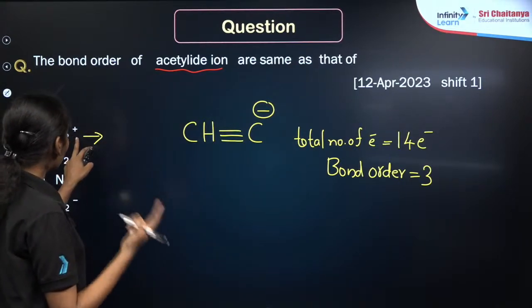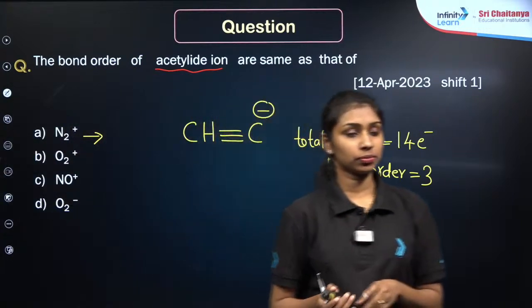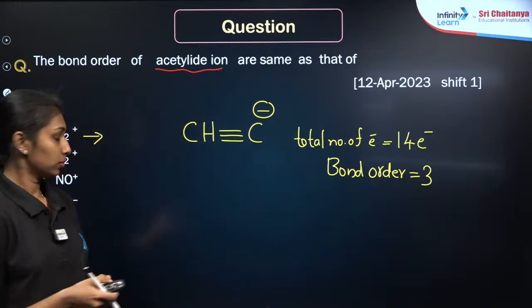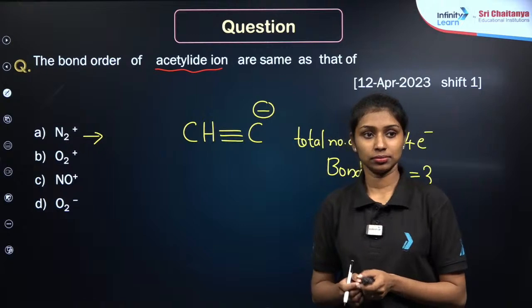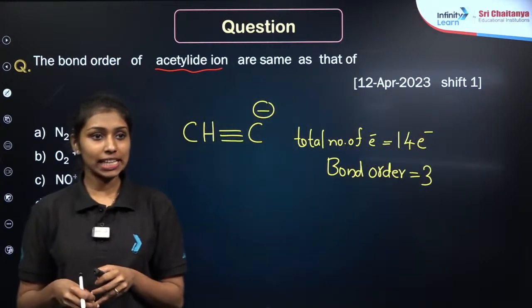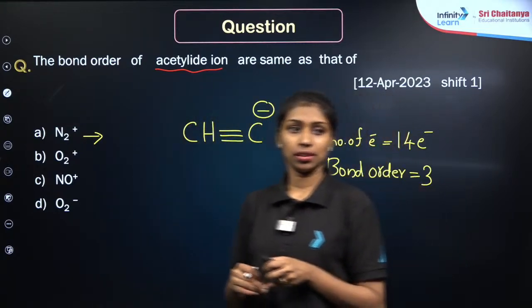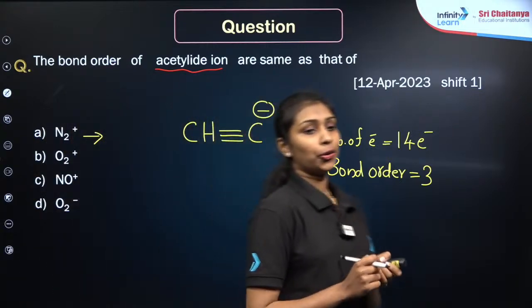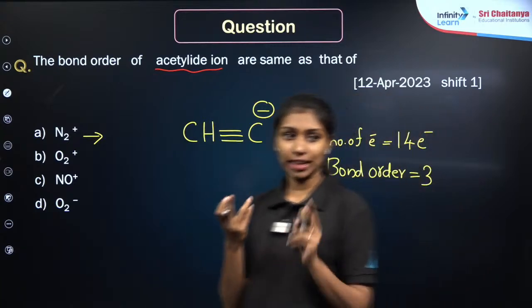Now, what about the total number of electrons in the case of the first molecule? N2 plus. For one nitrogen atom it is 7, right? Okay, for the acetaldehyde ion, we will get the answer of 1.5.